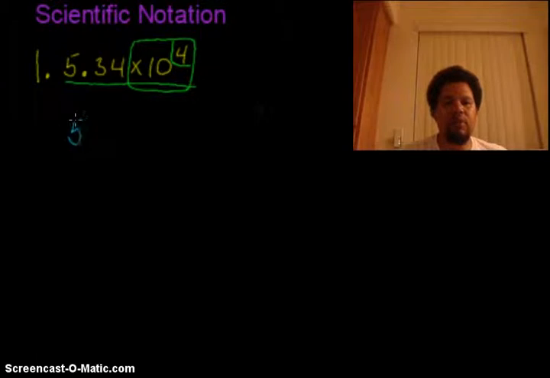So say we have this 5.34, so we got to move this decimal point to the right 1, 2, 3, 4 times, and we're going to fill each of these little loops that have no number there with a 0.